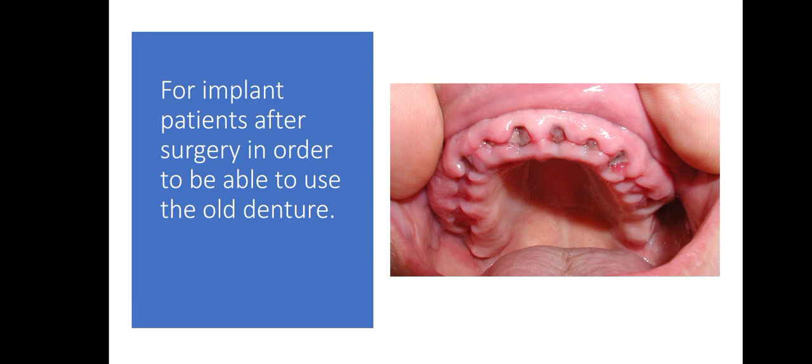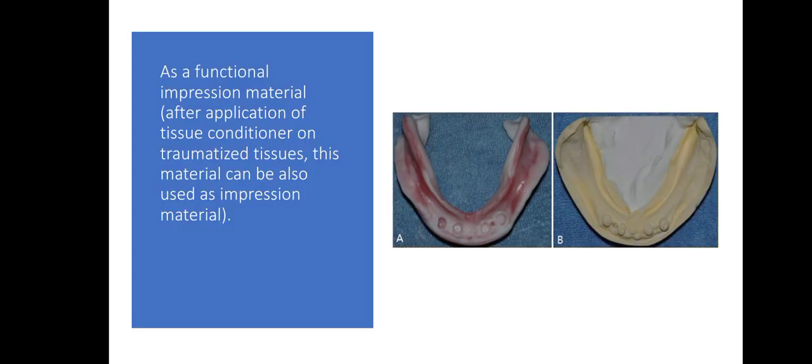The fifth indication of tissue conditioner is as a functional impression material. This is a very unique but very important indication for tissue conditioner. When we require a functional impression, tissue conditioner can give a very good functional impression, because it hardens with time.